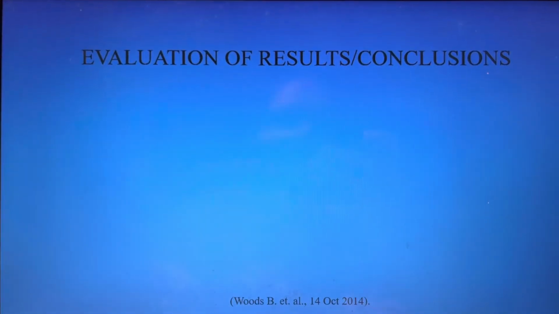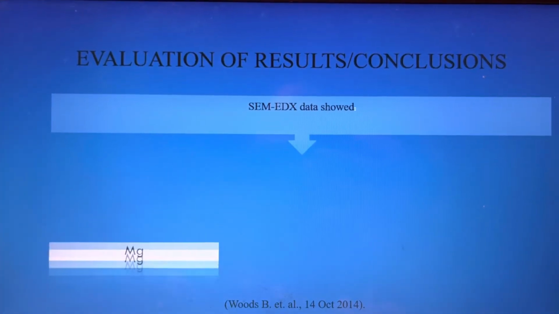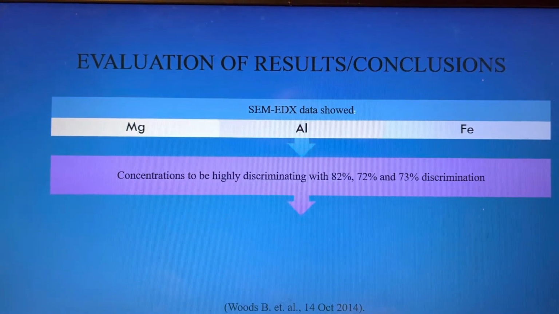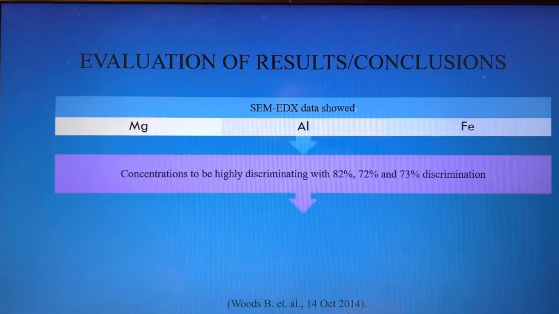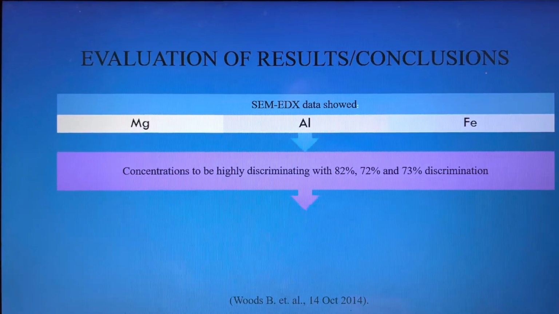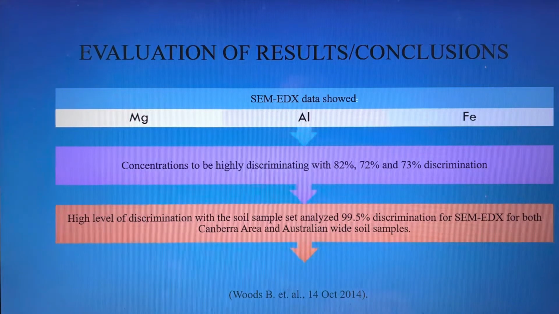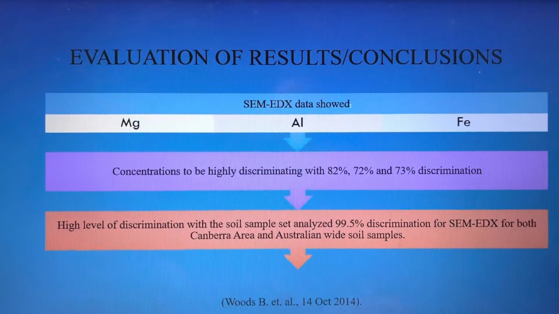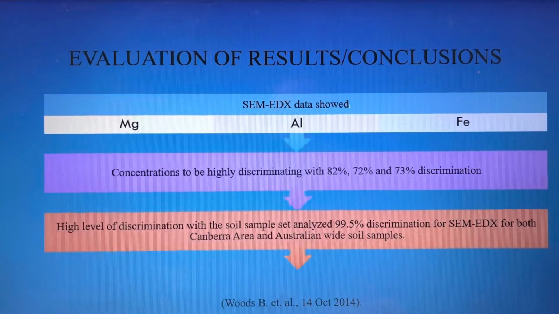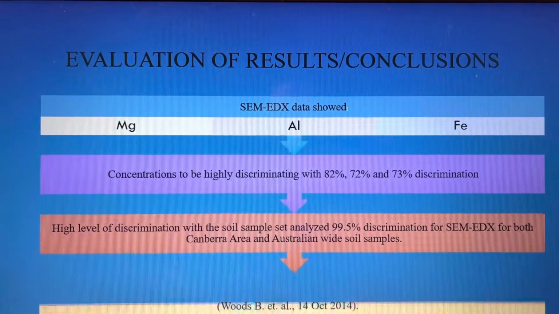So the evaluation of results and conclusions. SEM EDX data showed that magnesium, aluminum, and iron were in these soil samples, with the concentrations being highly discriminating, with 82%, 72%, and 73% discrimination. There was a high level of discrimination with the soil sample set analyzed, 99.5% discrimination of SEM EDX for both the Canberra area and Australia-wide soil samples.